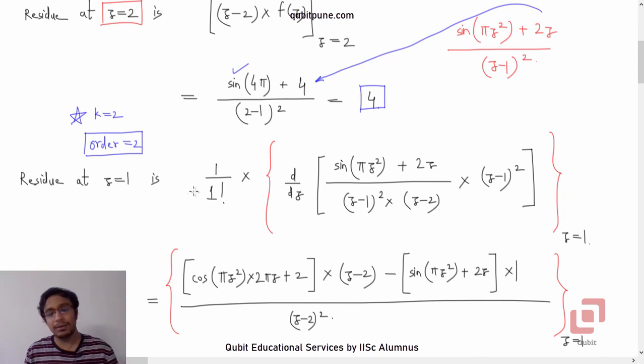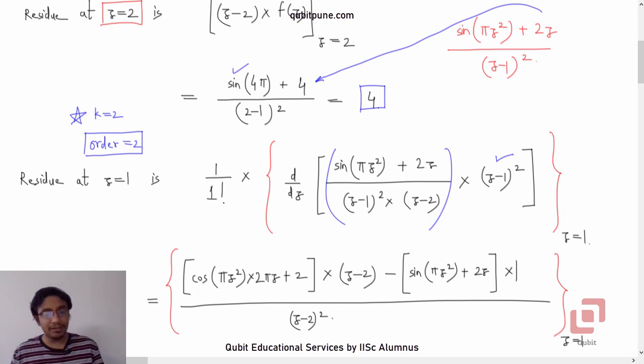So the residue at z equal to 1 will be 1 upon (k minus 1) factorial into the (k minus 1)th derivative of the function multiplied by (z minus z naught) to the power k, evaluated at z equal to 1. Okay, 1 upon 1 factorial is 1, so leave it. Do not forget to multiply the given function by (z minus 1) squared. Okay, all right. So this will lead to the cancellation of that factor in the denominator.